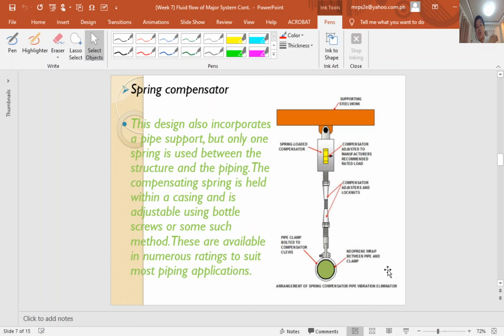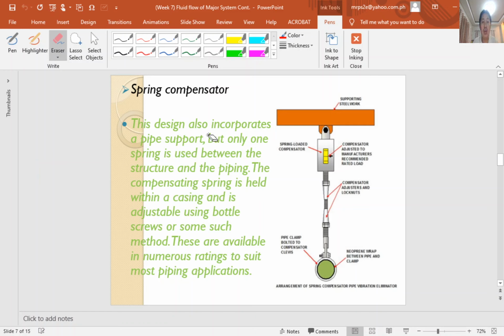Next, we also have an example of hanging devices: a spring compensator.